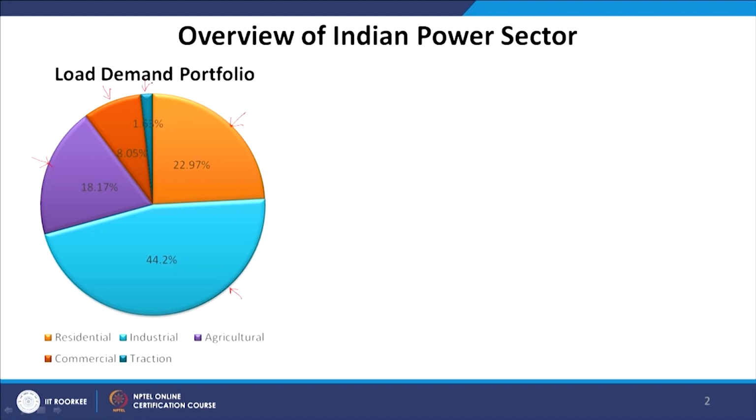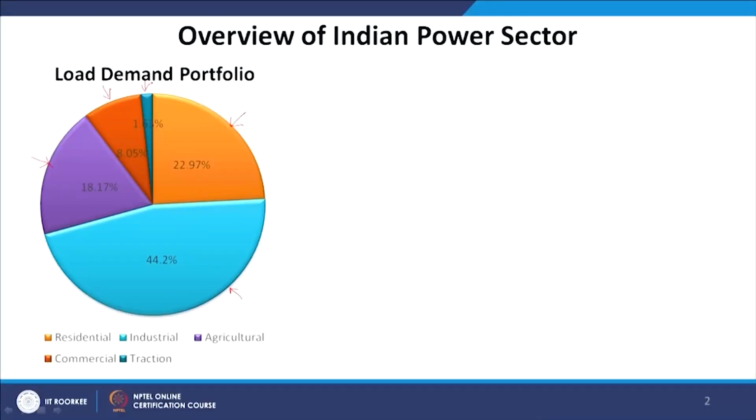But this scenario is not necessarily the same across countries, because it may vary from country to country depending upon population strength, per capita consumption of electricity, etc. But this is true for most developing countries in the world, where the residential part, which is 23% now, may be as high as 35 to 40% in some of the developed countries.